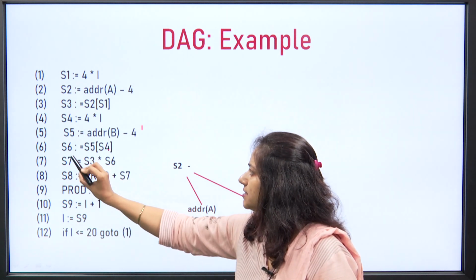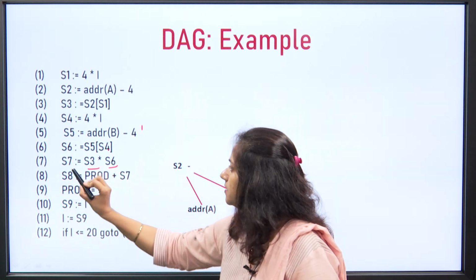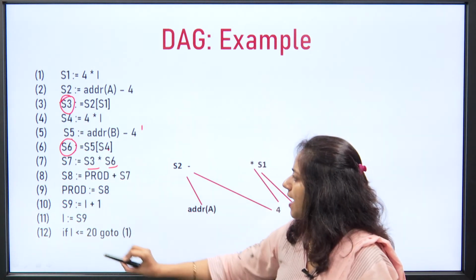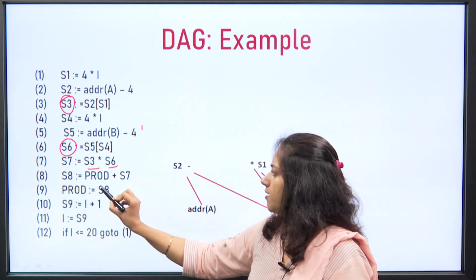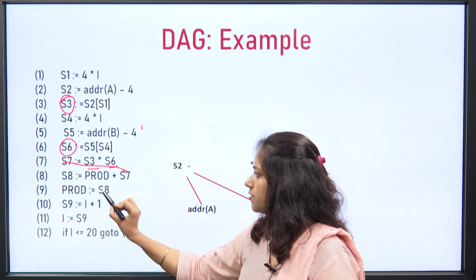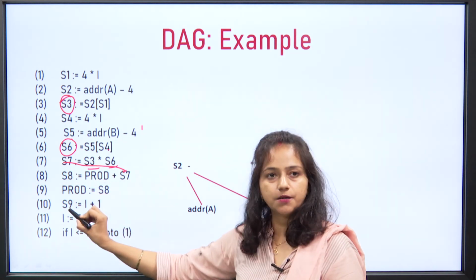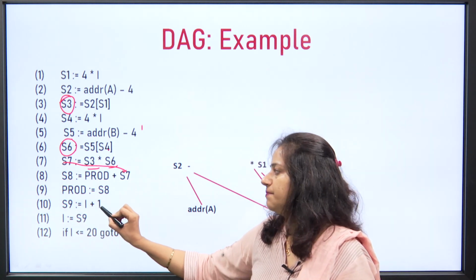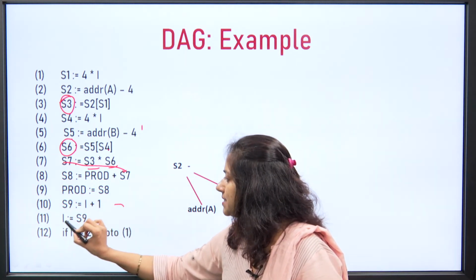Now, S7 is equal to S3 and S6, the multiplication of these two. Now, S8 is equal to product plus S7, and then product is equal to this result assigned back to product, and then S9 is equal to I plus 1, and then I is equal to S9.